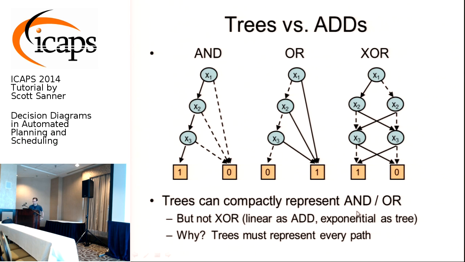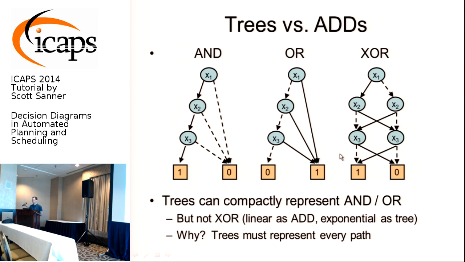So the XOR function, and Randy Bryant pointed this out back in the 80s, is a linearly sized decision diagram in terms of the number of variables in the XOR, but as a tree, it's exponential. Okay? So in some cases, like XOR, there is an exponential separation between tree size and the ADD size. So that's pretty cool.